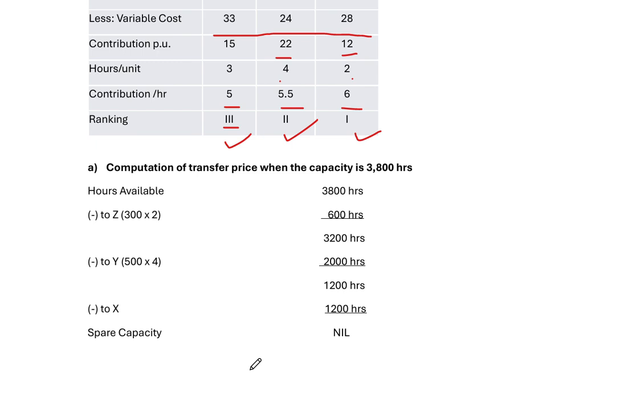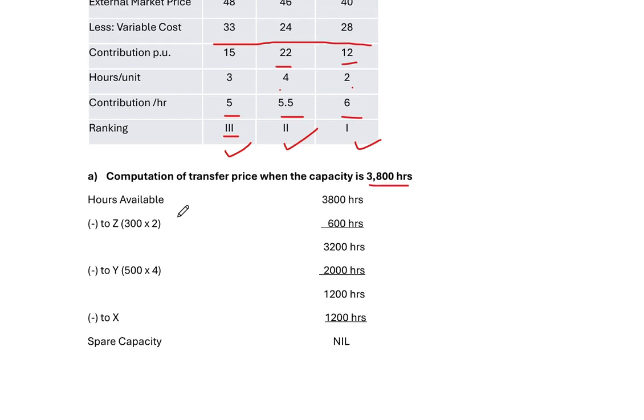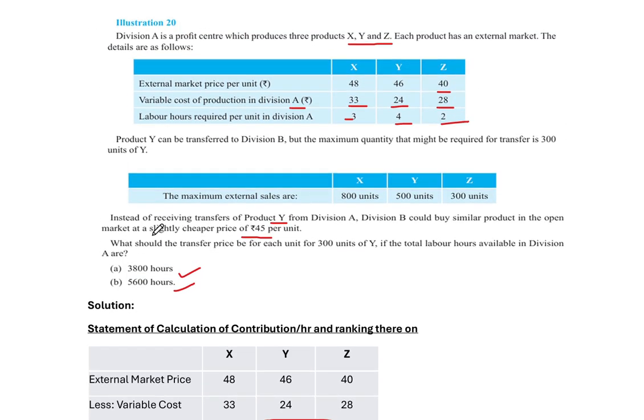First, let us see the hours needed for maximum external demand. In the question it is given 3800 hours. Alright. Now, in the question it is given X will require 800 units, Y will require 500 units, and Z will require 300 units.